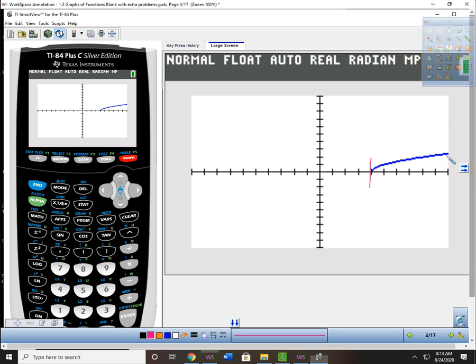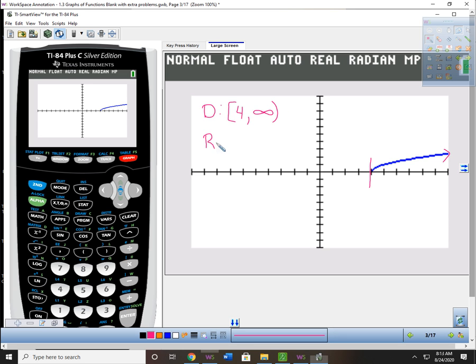Now remember, this just cuts off the window. If I zoomed out, this would continue going. So this keeps going this direction. I start at 4 and go all the way to positive infinity, right? And I'll write this down in just a minute. But on that page with the question, go ahead and put that your domain is 4, comma, positive infinity. And remember, infinities always have a parenthesis.